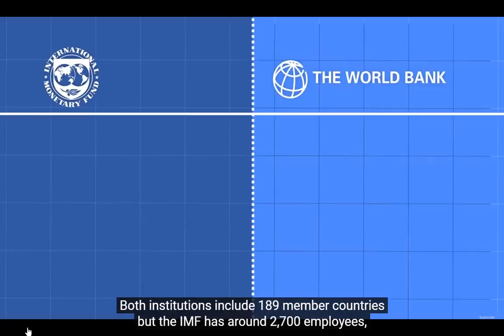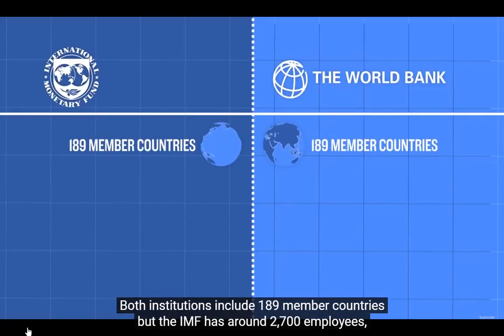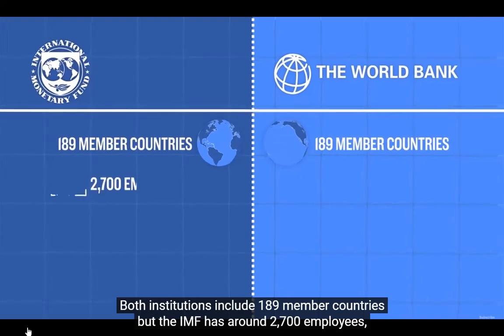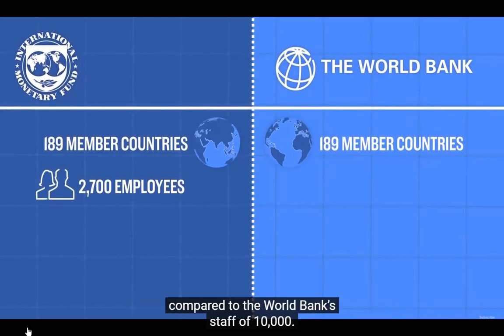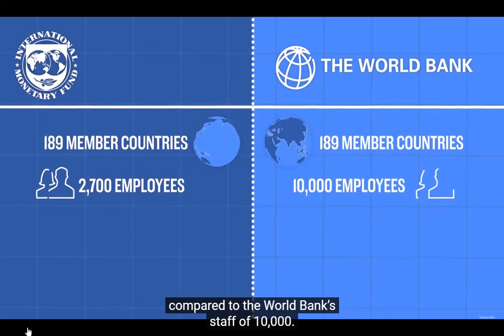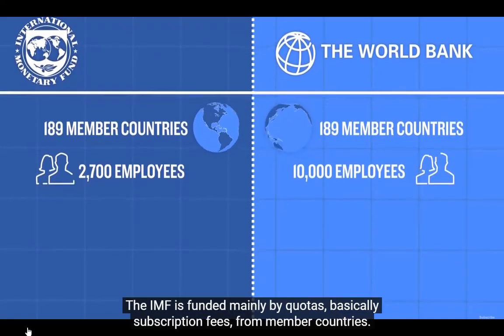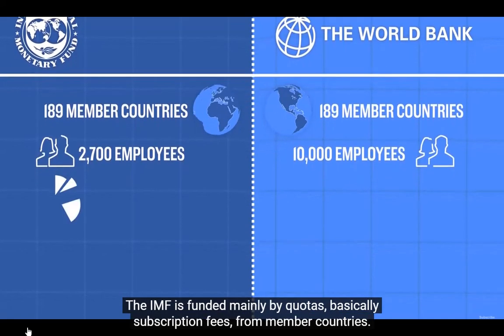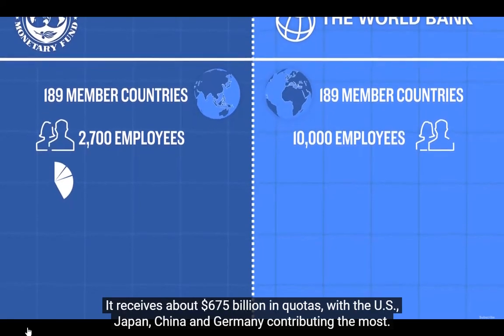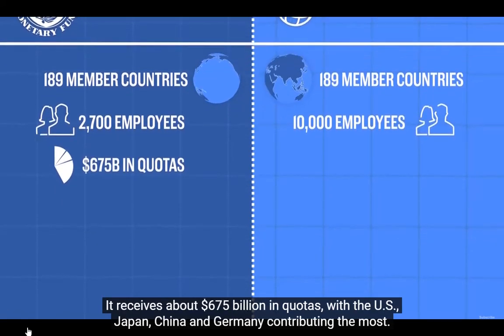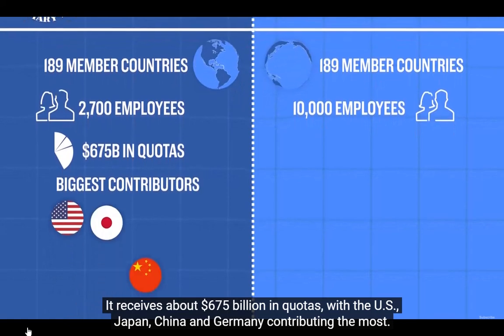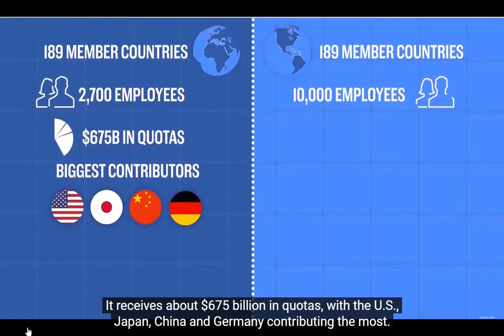Both institutions include 189 member countries, but the IMF has around 2,700 employees, compared to the World Bank staff of 10,000. The IMF is funded mainly by quotas, basically subscription fees from member countries. It receives around $675 billion in quotas, with the US, Japan, China, and Germany contributing the most.